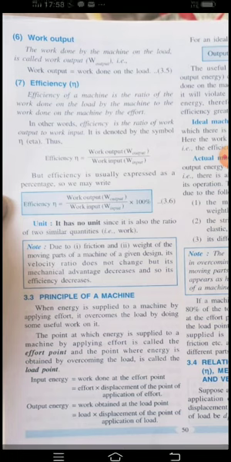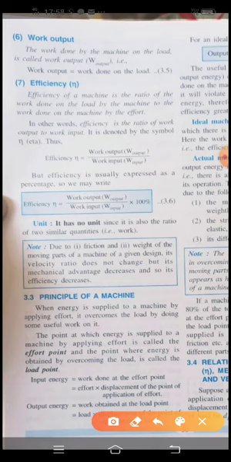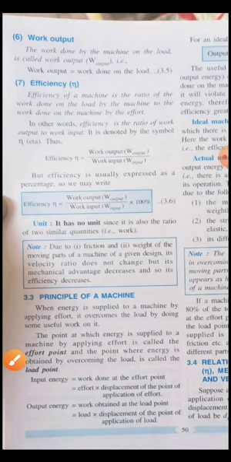When energy is supplied to a machine by applying effort, it overcomes the load by doing useful work. The energy which you are applying is nothing but your effort, and the machine has to do work to overcome this load. So it is called the principle of machine.